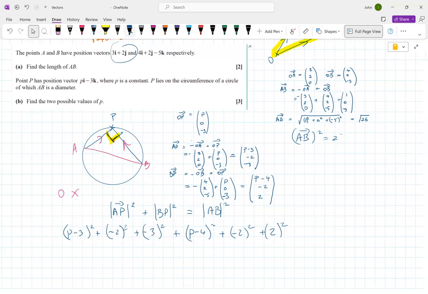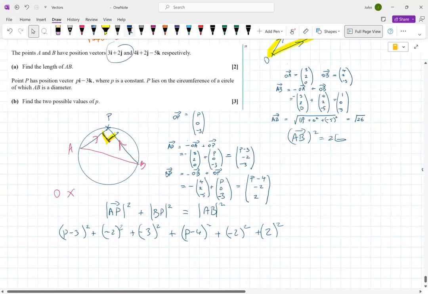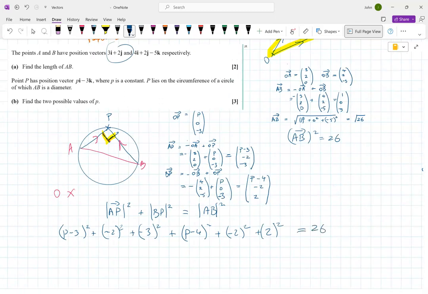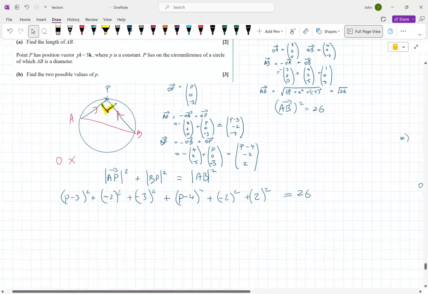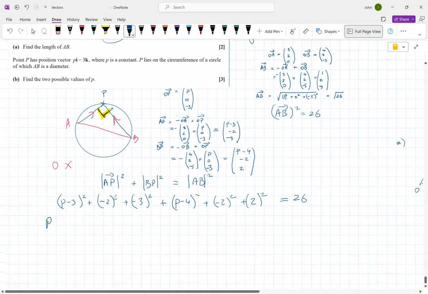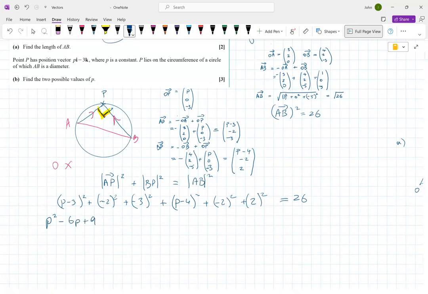So that's equal to 26, and that's going to give us what we need. Just a little bit of simple algebra, basic stuff here, but be careful. p squared minus 6p plus 9 plus 4 plus 9, plus p squared minus 8p plus 16 plus 4 plus 4, equals 26.